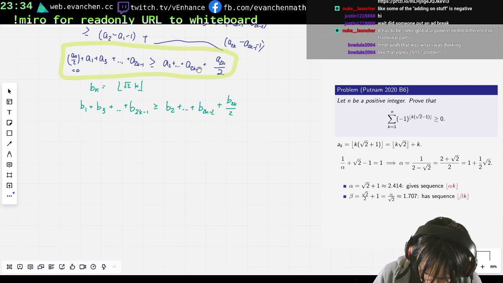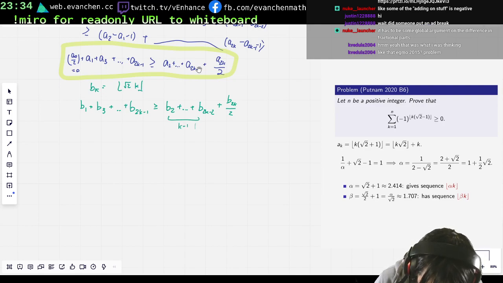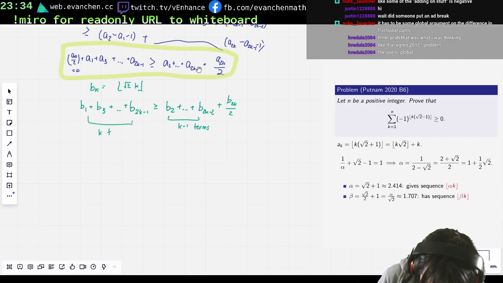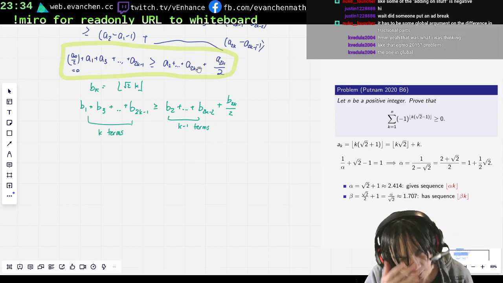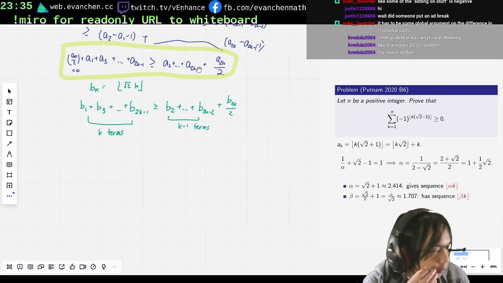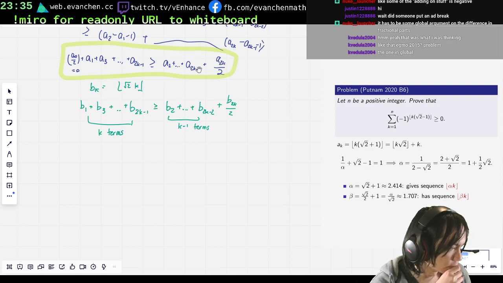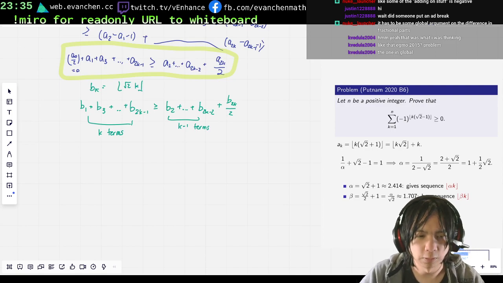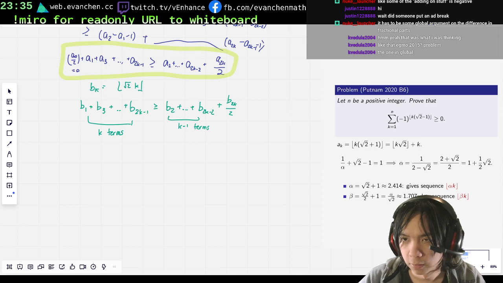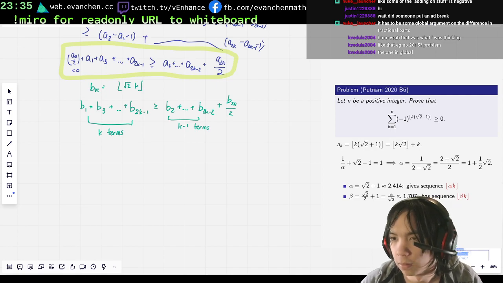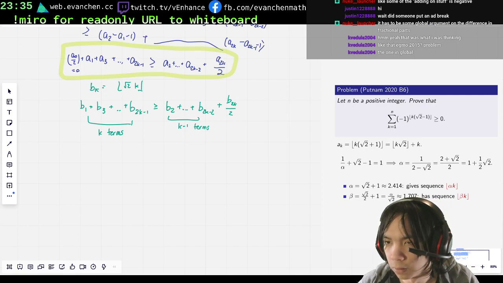Let me just remind myself there are k minus 1 terms here. EGMO 2015 problem in global. Which one is that?